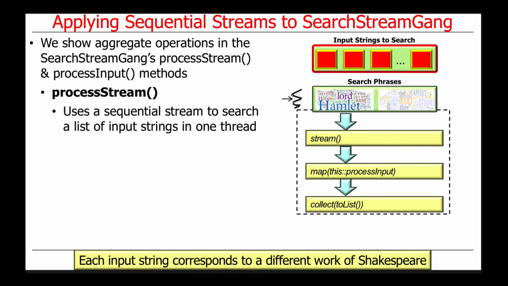The process stream method uses a sequential stream, in other words, a stream running in the main thread, to search a list of input strings, where each string corresponds to a different work of Shakespeare, all in one thread of control.